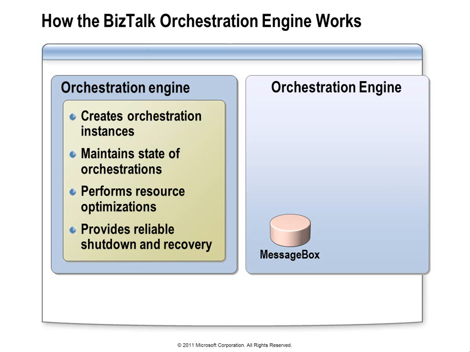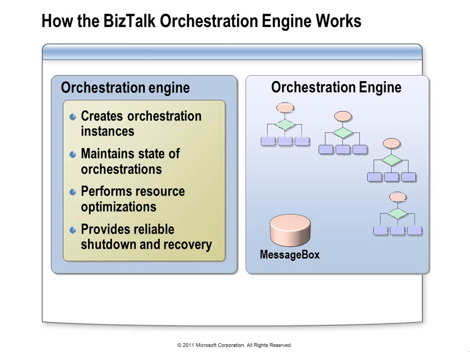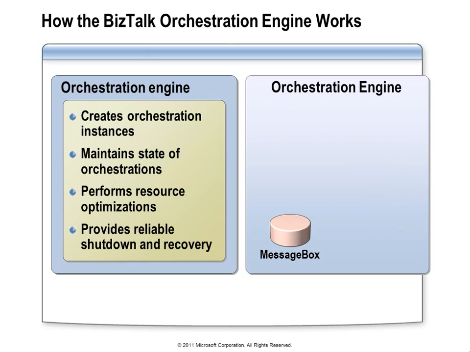In the meantime, the orchestration engine will continue to do its job, creating instances for messages as they arrive and destroying old orchestrations as they complete, while our dehydrated orchestration continues to wait for new data to arrive.